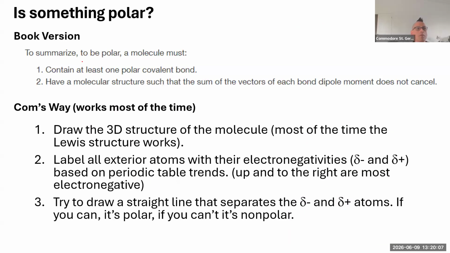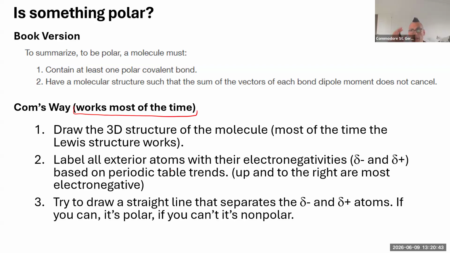Okay, so the book version is: contain at least one polar covalent bond, and have a molecular structure such that the sum of the vectors in each bond dipole moment does not cancel. That works most of the time, but my way works most of the time also. It's a little easier. So you're going to draw the 3D structure of the molecule. Most of the time, the Lewis structure just works. You don't have to do 3D. And then next, you want to label all the exterior atoms with delta negative, delta positive, based on periodic trends, right?